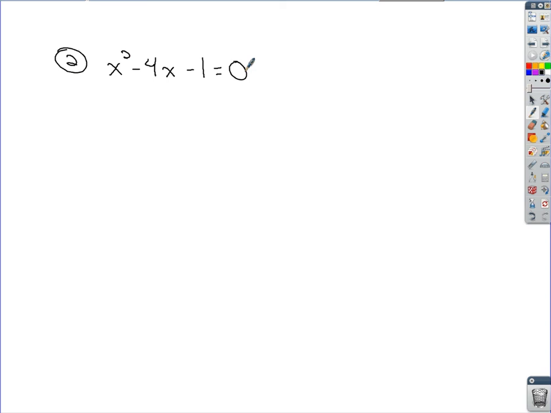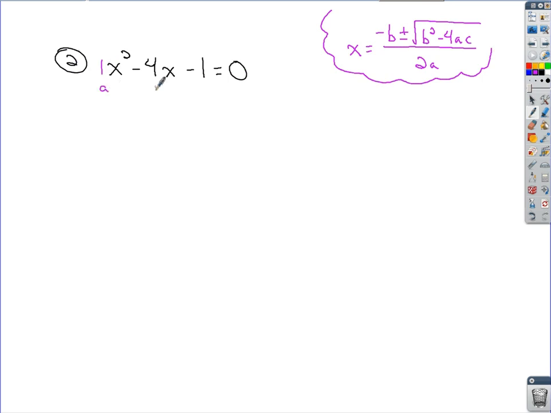Quadratic formula. So quadratic formula, as a review, got negative b plus or minus square root of b squared minus 4ac all over 2a. On this one, a is 1, b is negative 4, c is negative 1.